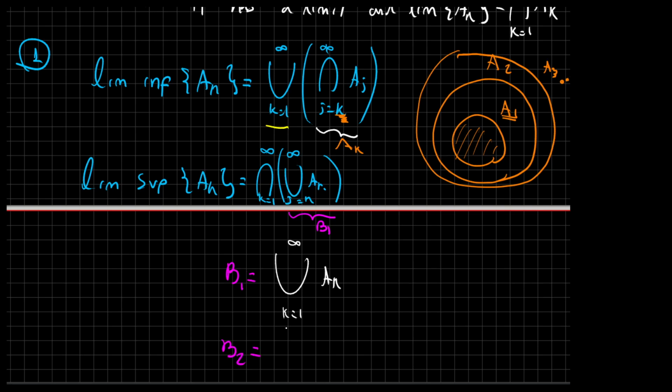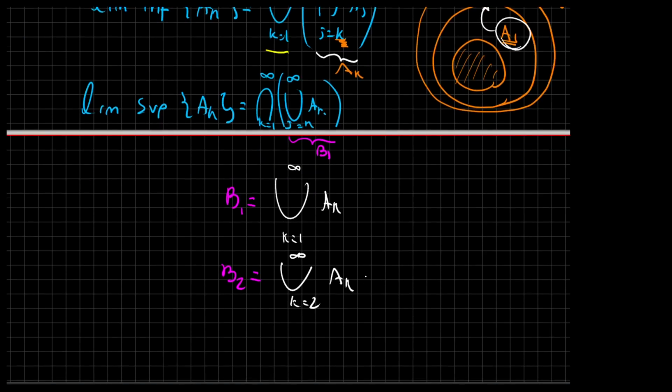In the second case, what happens when you unite everything that starts from K2? Well, if you start from here, then of course A sub 1 is also in A sub 2. So when you unite everything that starts here, it doesn't make any difference if you unite this with A1, because A1 is already in A2 and in everything, so this is the same.